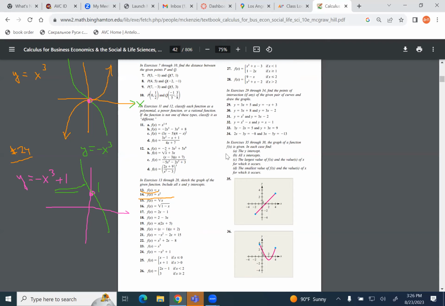So let me try exercise 25. That's a piecewise defined function, just like we saw in the previous section, right? We're plugging numbers in exercise 25. I'm going to have to actually think about 2 functions. One of them is x minus 1, and the other is x plus 1, because there are 2 pieces.